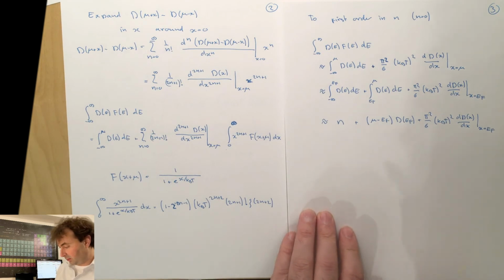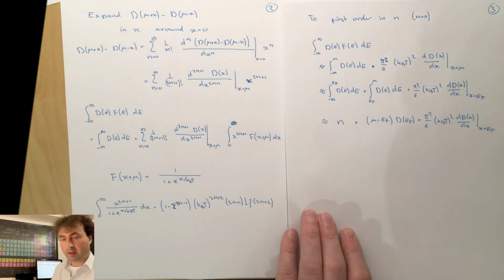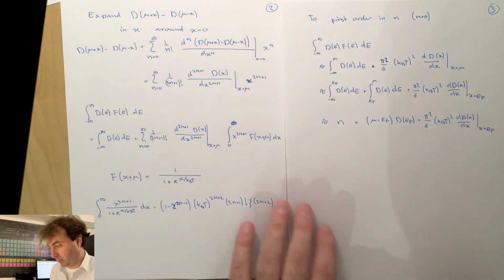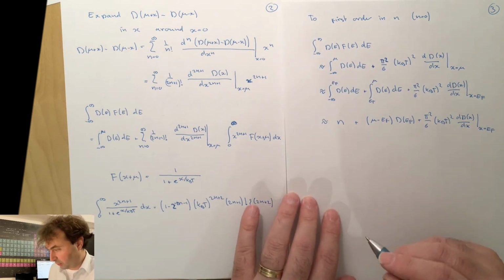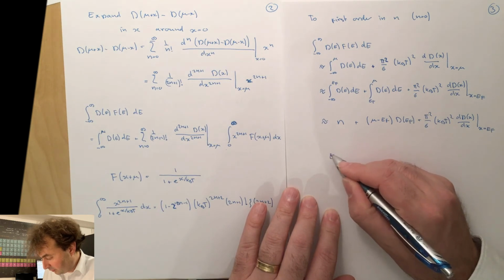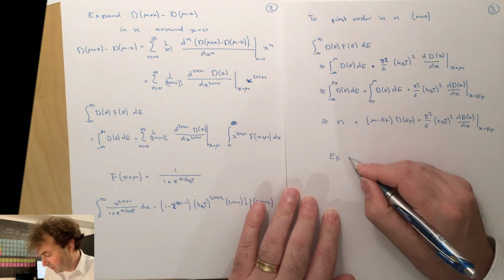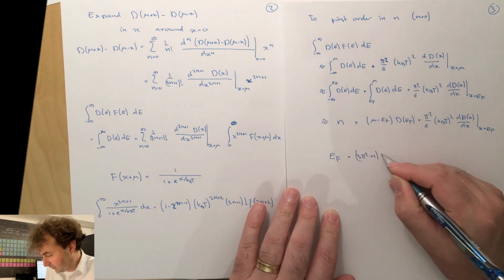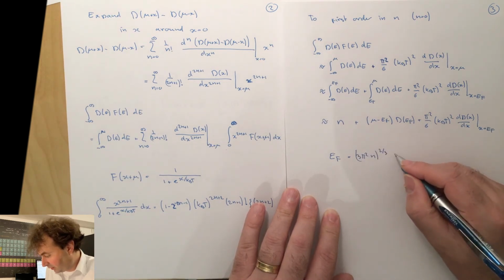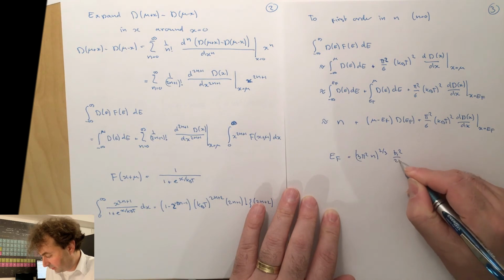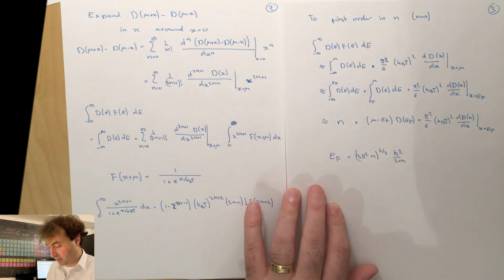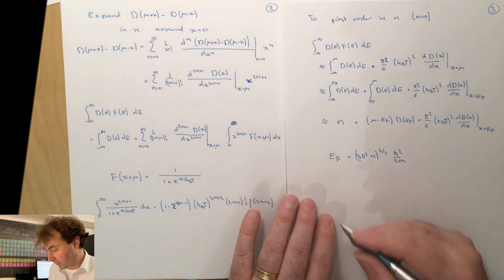With this, we can put in the values that we have in the Sommerfeld model and actually find an expression for the chemical potential as a function of temperature. We know that the Fermi energy is 3 pi squared n to the power 2/3 times h bar squared over 2m, which is a result we obtained in one of the previous lectures or videos.